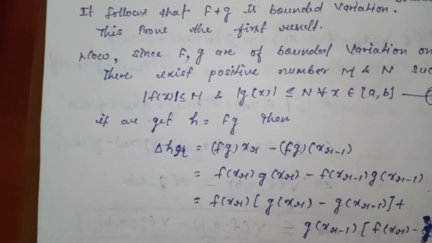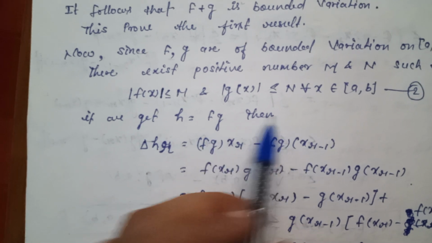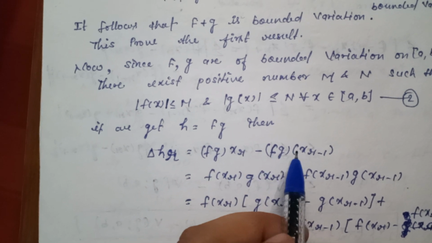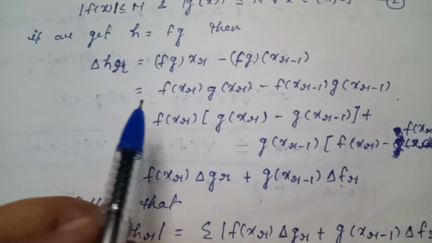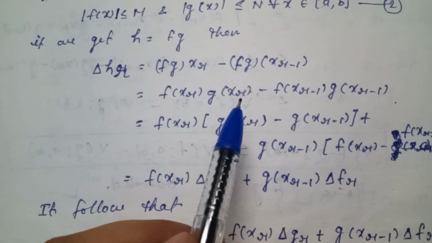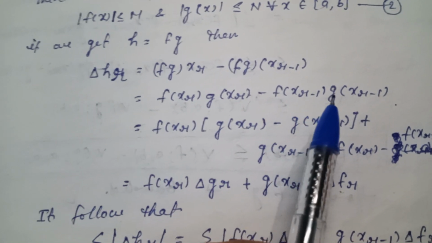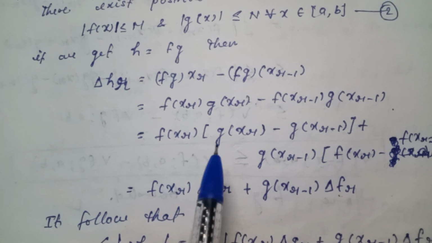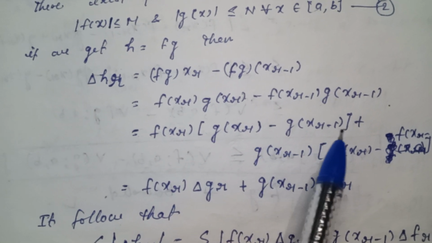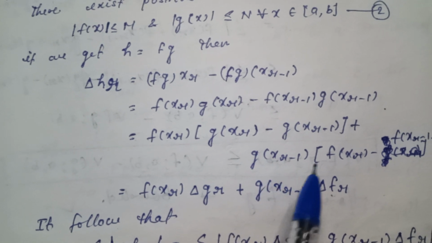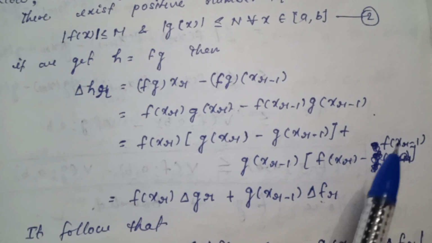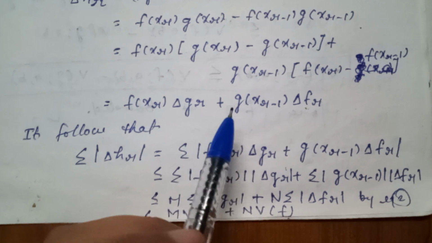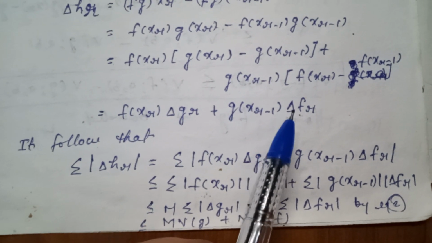If we take h equal to fg, then delta h_r is equal to fg(x_r) minus fg(x_{r-1}), which is equal to f(x_r) g(x_r) minus f(x_{r-1}) g(x_{r-1}), which is equal to f(x_r) [g(x_r) minus g(x_{r-1})] plus g(x_{r-1}) [f(x_r) minus f(x_{r-1})], which is equal to f(x_r) delta g_r plus g(x_{r-1}) delta f_r.